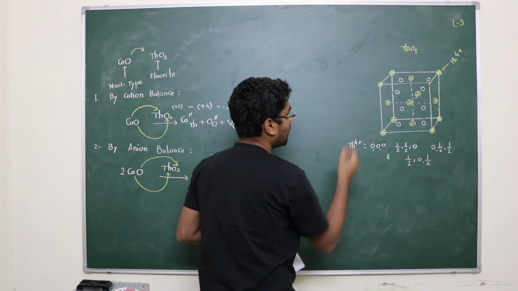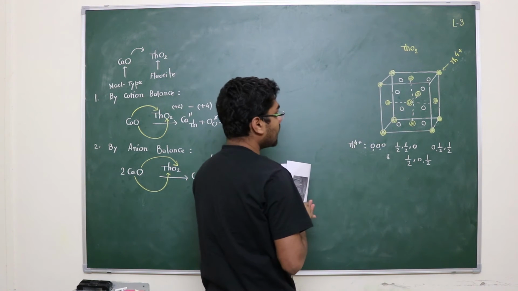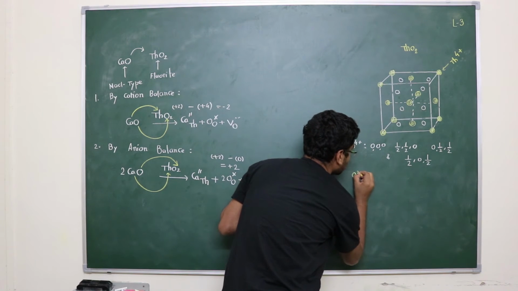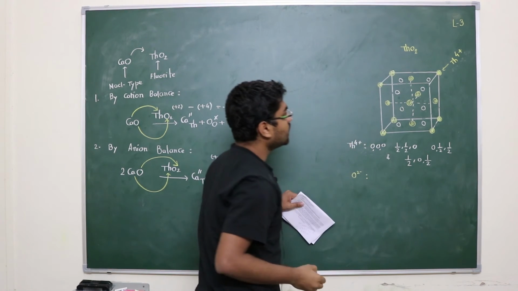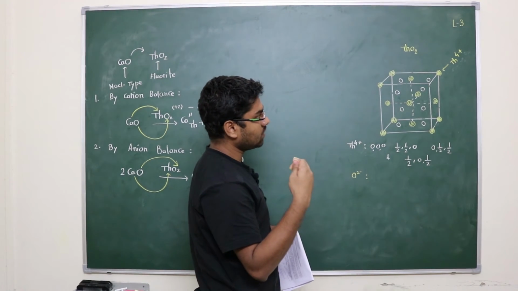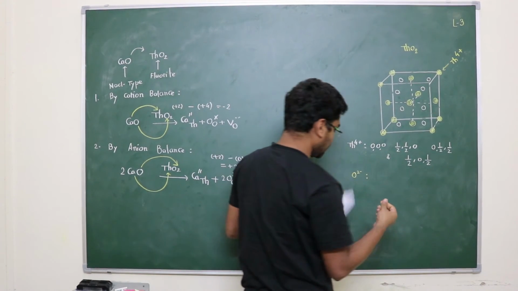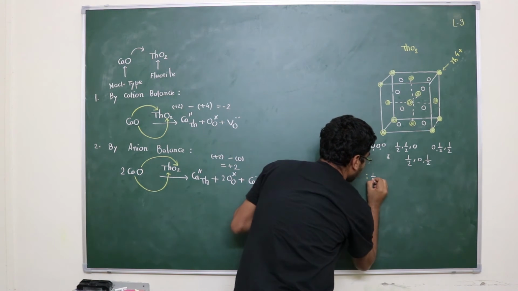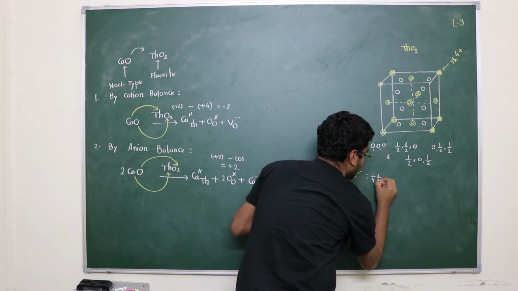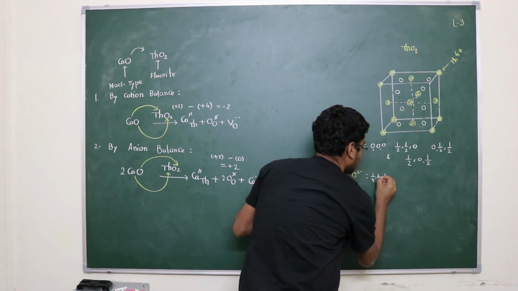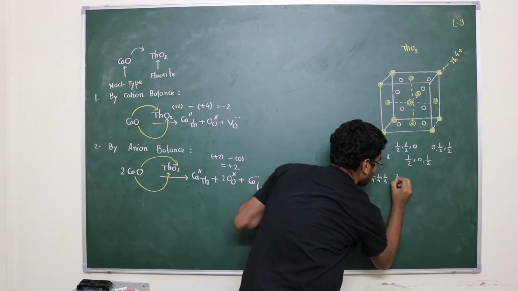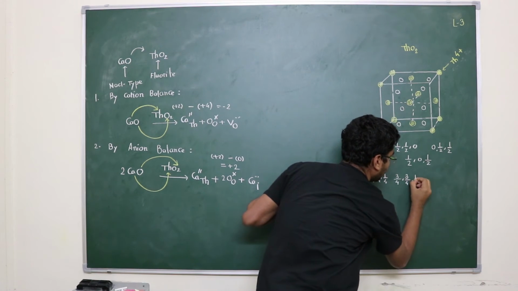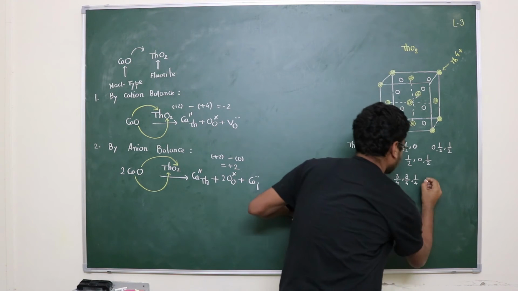And what will be the coordinate of oxygen? If we write the coordinates of oxygen anion, that will make sense and it will be clear to you where the anions are sitting. 1/4 1/4 1/4, 3/4 position, 3/4 position and 1/4 position.